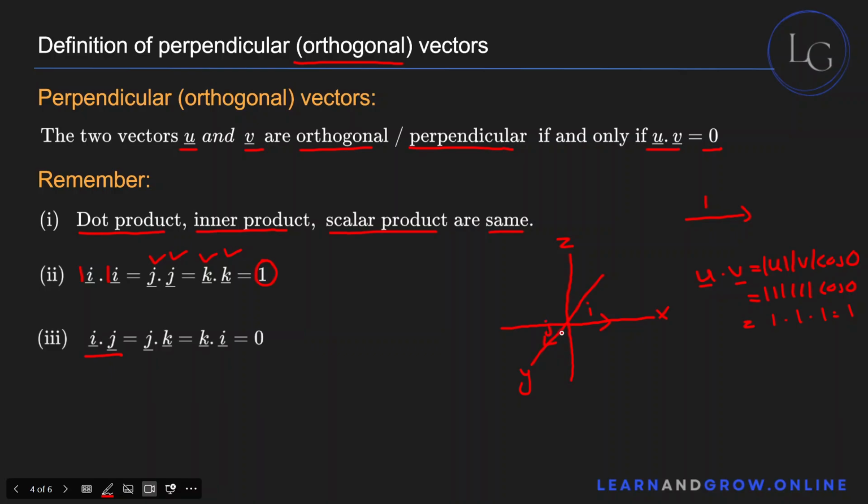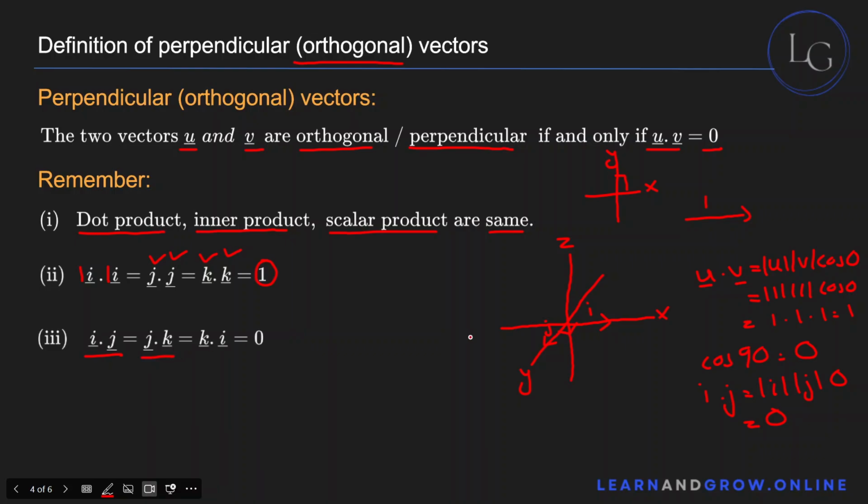They have an angle of 90 degrees between them, because if you look at it from a bird's eye view, it looks like this: x, y, and this is the 90-degree angle. So the angle between i and j is 90 degrees, and cos 90 is equal to 0, which means i dot j is equal to magnitude of i into magnitude of j into 0, which is equal to 0.